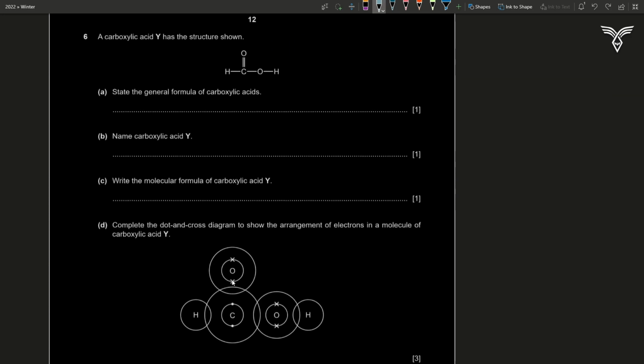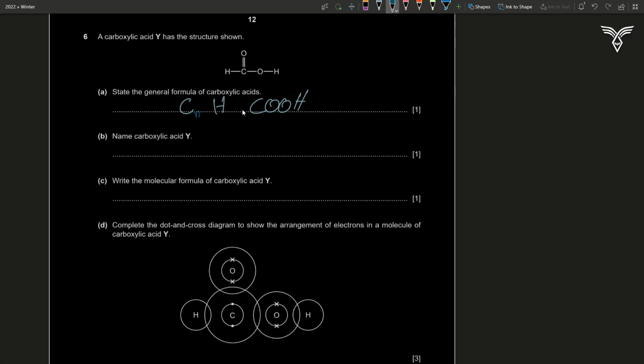Question 6. A carboxylic acid Y has the structure shown. State the general formula of carboxylic acids. برضو بنكون حافظينها، عندنا الكربون عندنا الهيدروجين وبنحط ال functional group بتاعنا. طيب how many carbons are there?